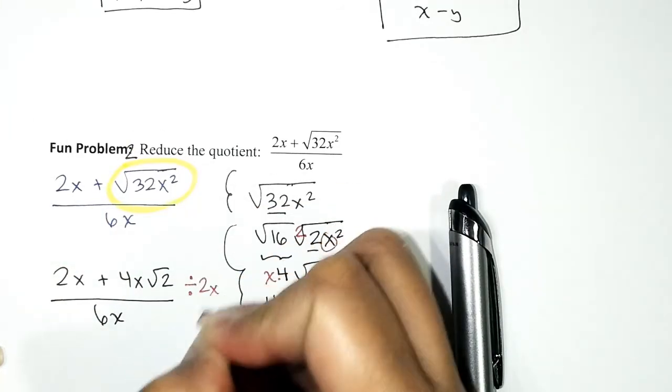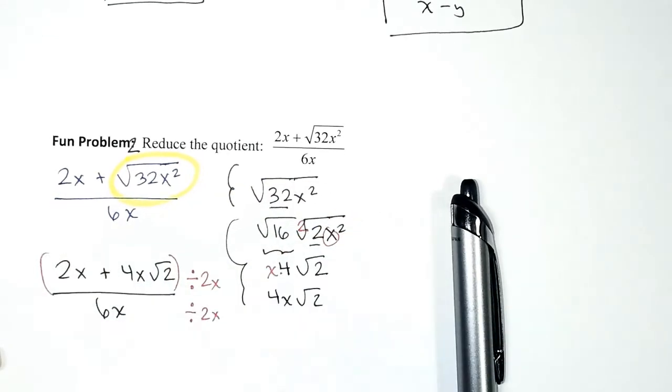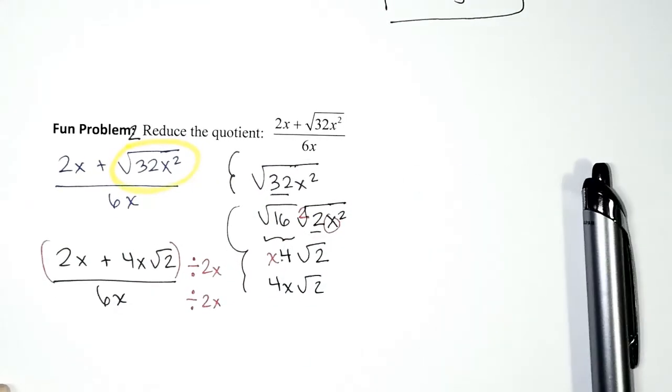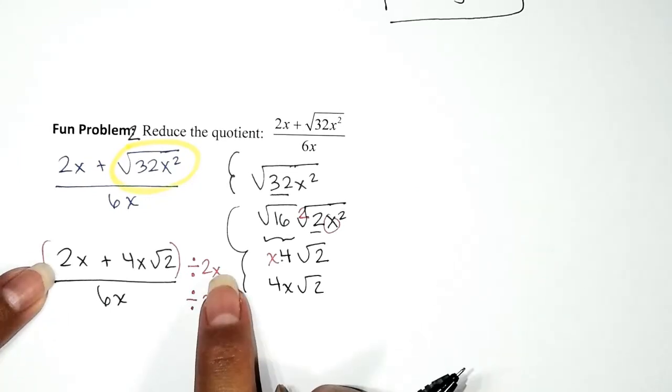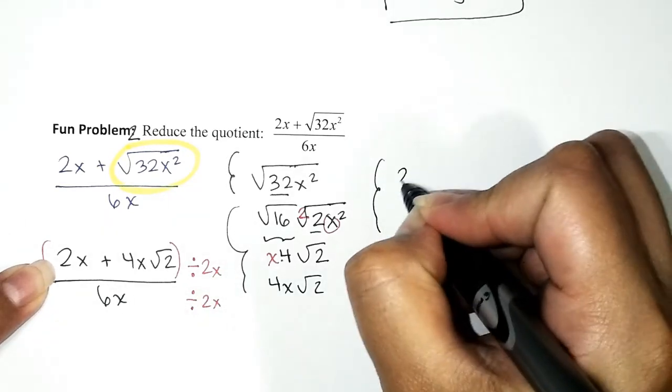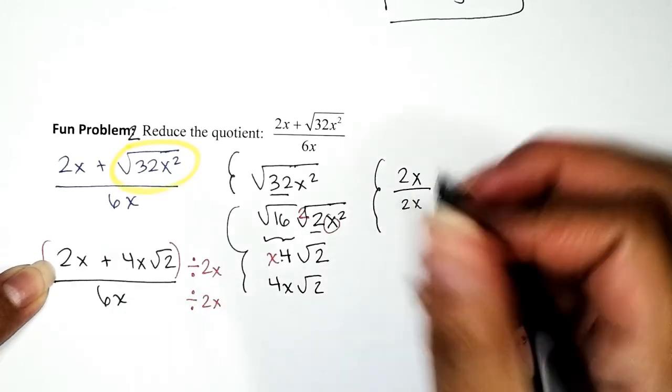Let's old school reduce, meaning no cross canceling. We want to have good notation, so let's wrap up the numerator. Let's see what we get when we reduce the fraction by 2x. 2x divided by 2x gives us 1.